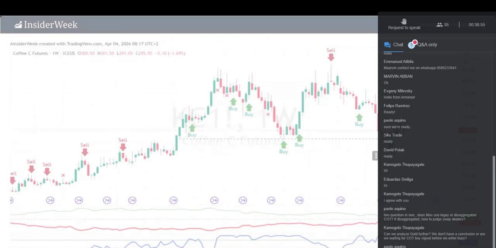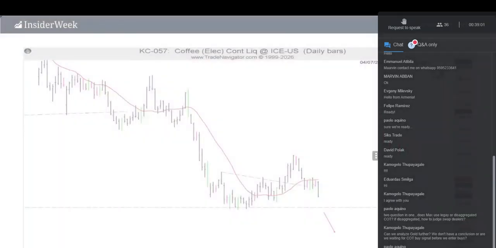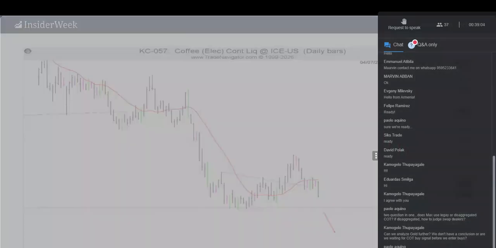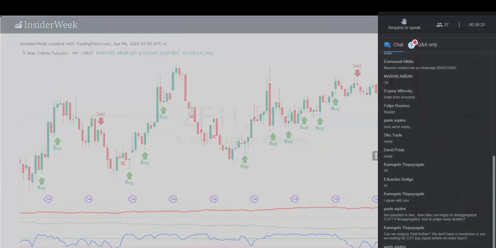Okay, coffee, I already showed you an interesting pattern if you take a look at Robusta on the daily chart. So let's have a look at 5 years T-notes. I already showed you that. Usually the bonds market or T-notes or T-bonds is not so easy to trade, to be honest. But I showed you before the resistance and support level, and you can try, but it's not so easy.